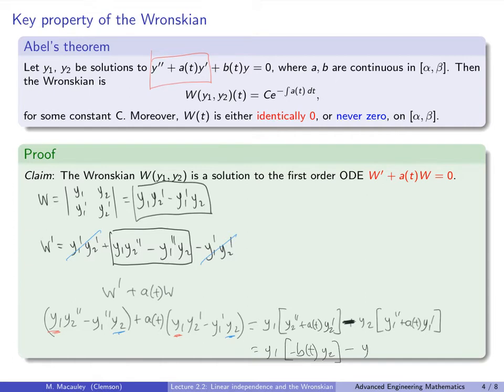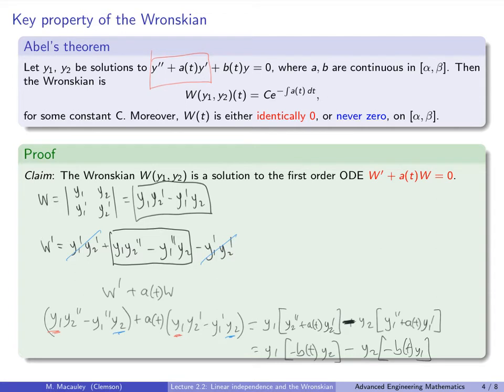And similarly, this next term is the same thing, it's just with a y1 instead of a y2. This creature here, y1 double prime plus a of t y1 prime, is this thing in the box. This solves the ODE, so if you put ones in the subscript, then that has to equal the negative of this last term. So that's negative b of t y1.